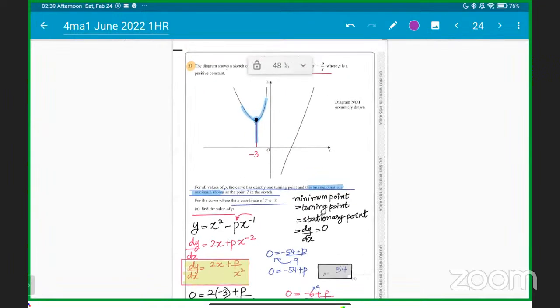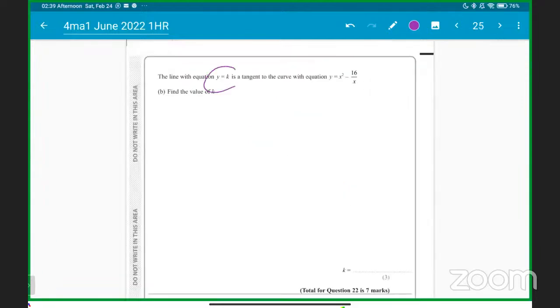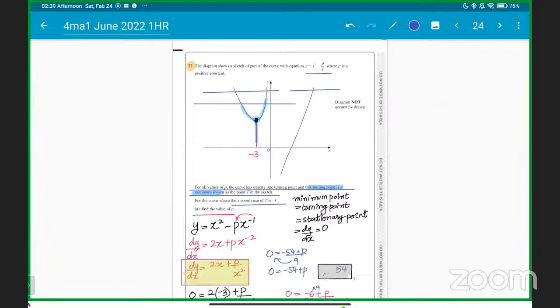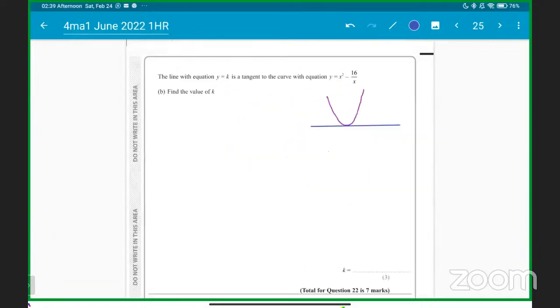So the line with equation, what they're saying, students, is basically, let's say this is the curve equation. This is the curve y equals x squared minus 16x, and the line with equation y equals k will be like this, because y equals k means a horizontal line.